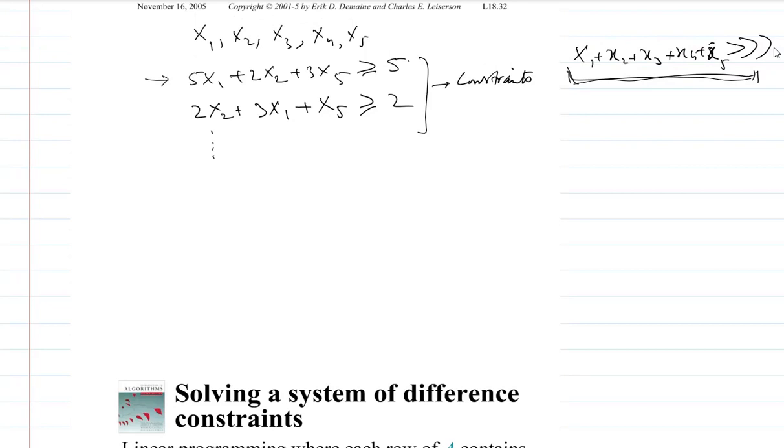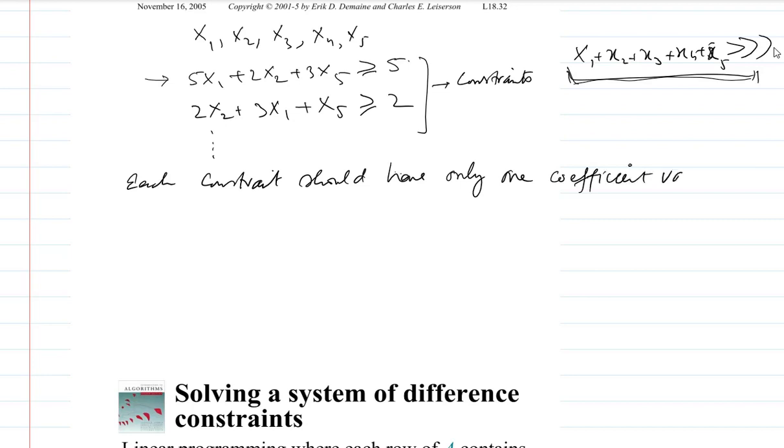Let's say we add a restriction that each constraint should have only one coefficient with value 1 and another with value -1, and the rest should all be 0.